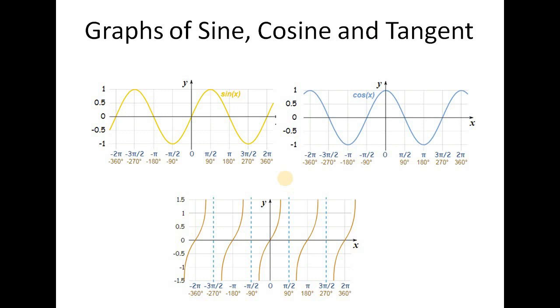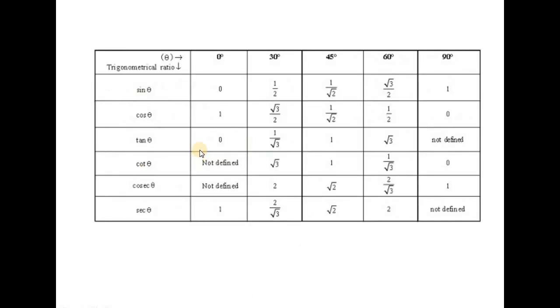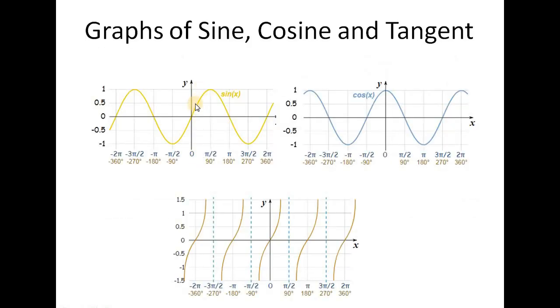So we saw that for sine 30 the result will be 1 by 2, which is nothing but 0.5. So you can see the graph crosses 0.5 for the y value, and the respective x value is around 30 degrees, which is not actually marked here. So this comes around sine 30.